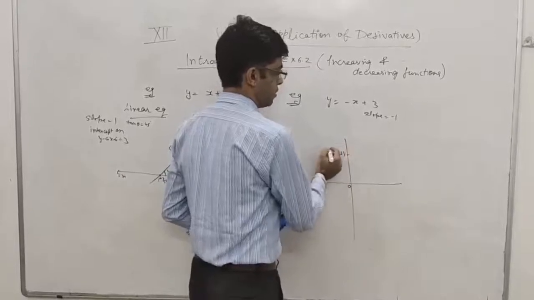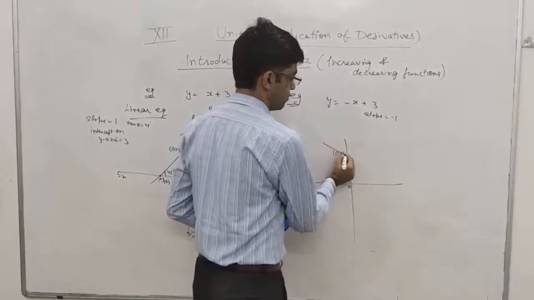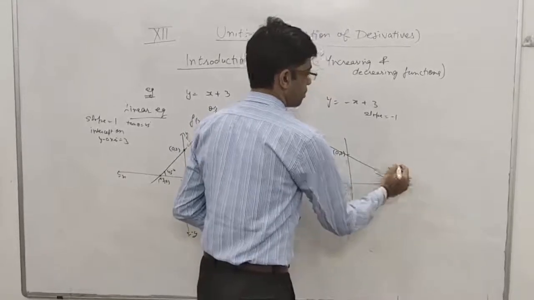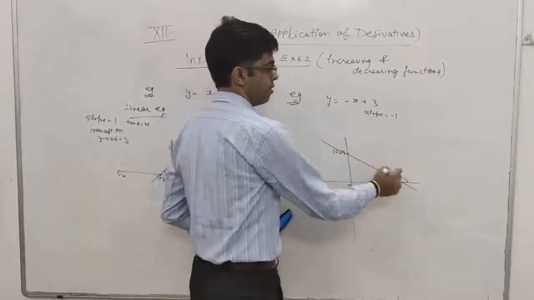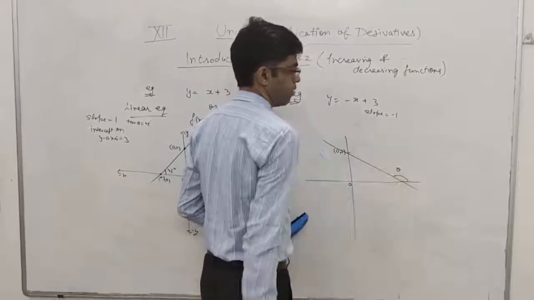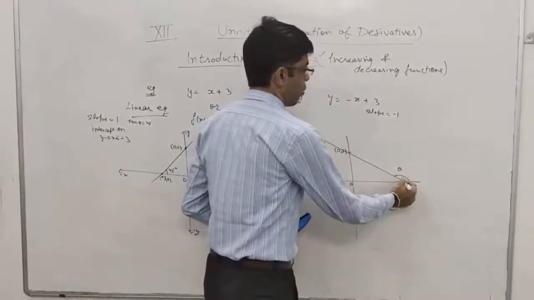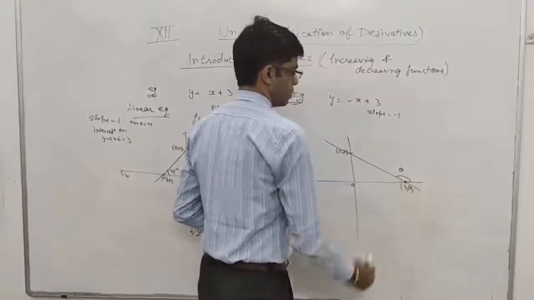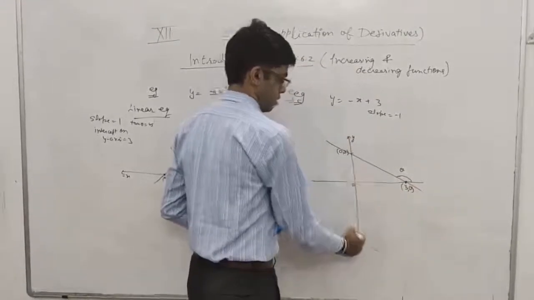So it is like this one. Here the slope is negative, tan theta is minus 1, and the point will be 3, 0.